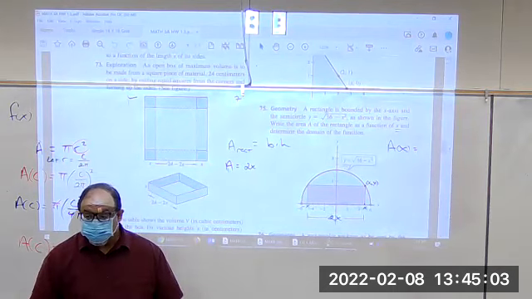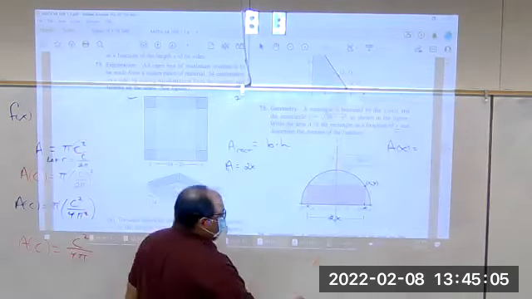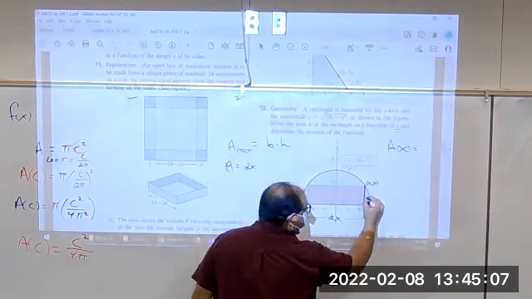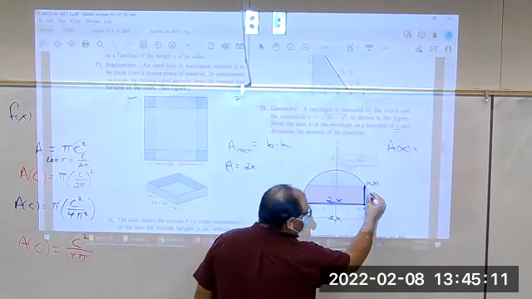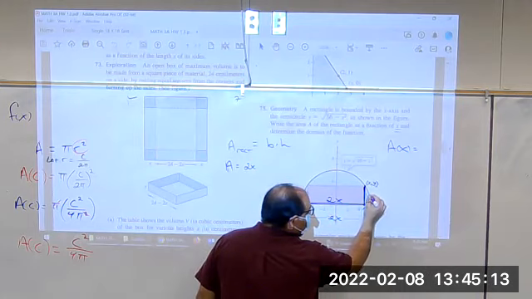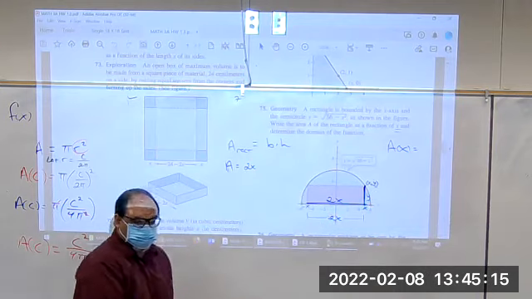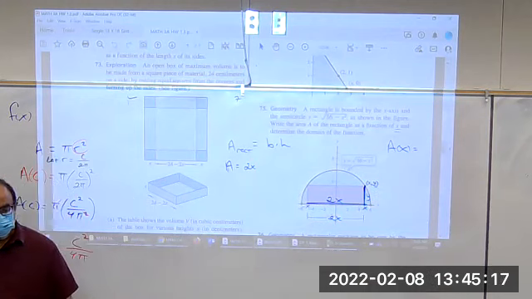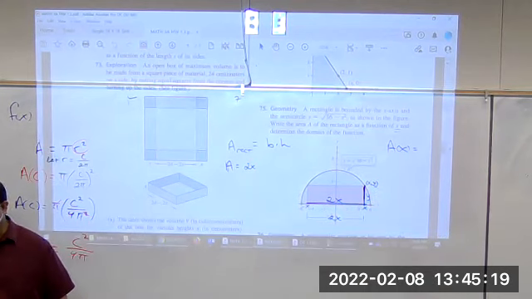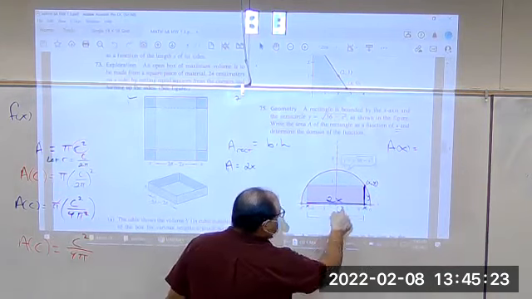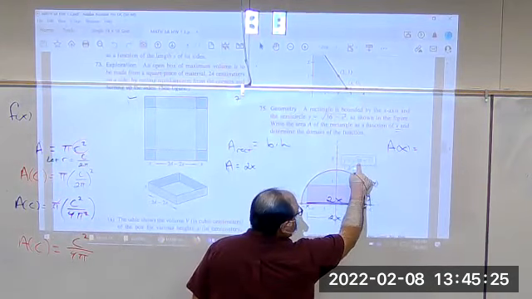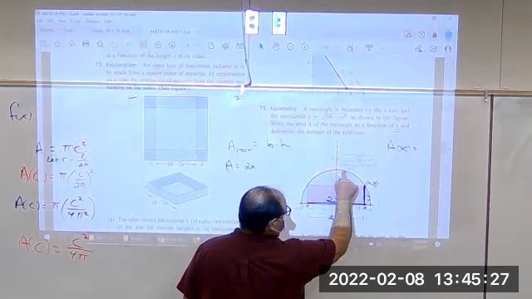Times the height. Well, in this picture, the height is this side. Here's the base, it's 2x wide, and the height is y. It's whatever the y is. When you plug in 1, 36 minus 1 squared is 35, that would be square root of 35.